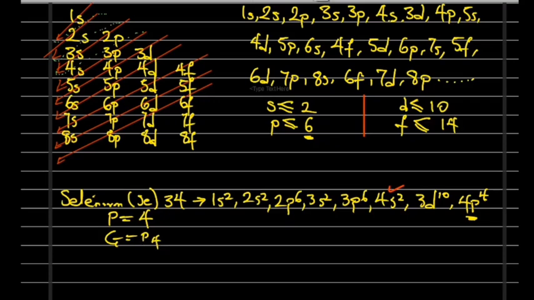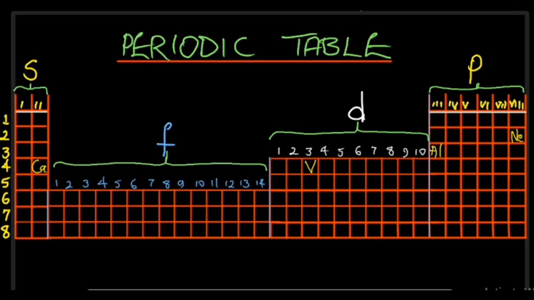So 4p4. This one here is the fourth period, and then we are going to the p block, and the fourth position, 1, 2, 3, 4. This position here is where we have selenium.